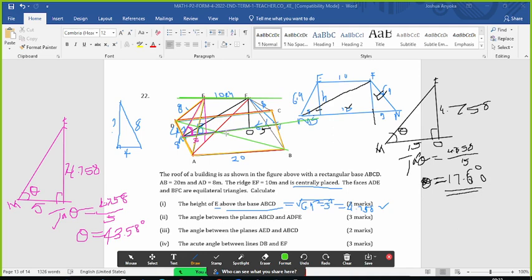And wherever they land, because it is the line which is centrally placed, and line DB is the diagonal, the diagonals will always intersect at the center. This is the base that we have. This is the line MN, which is dividing it into two. DB is the diagonal.